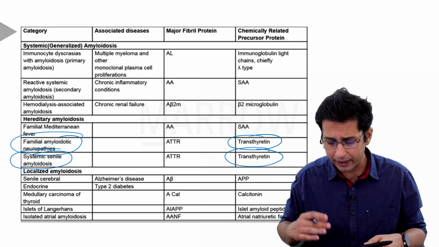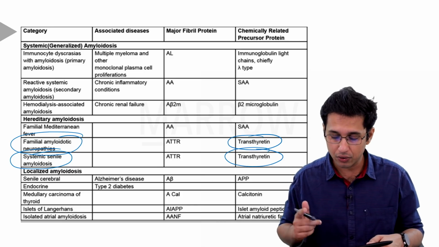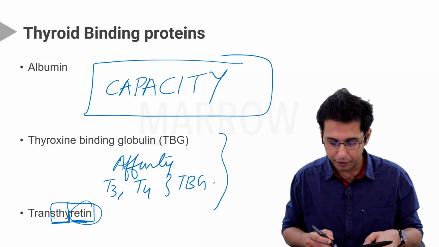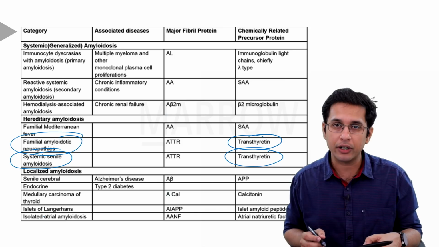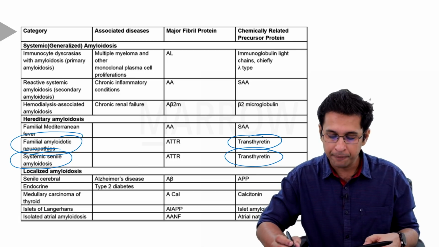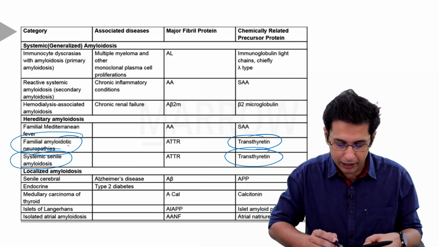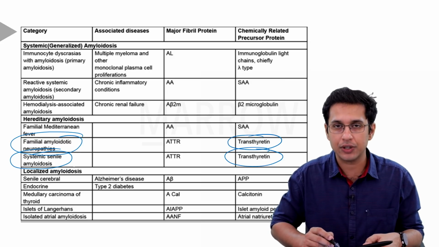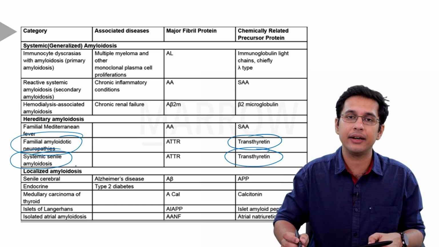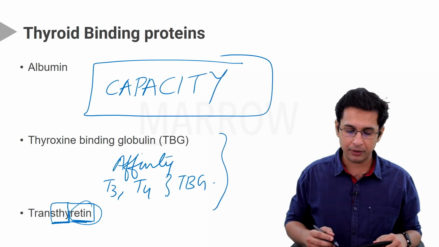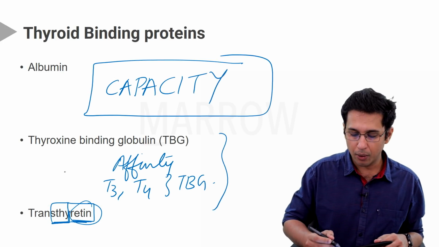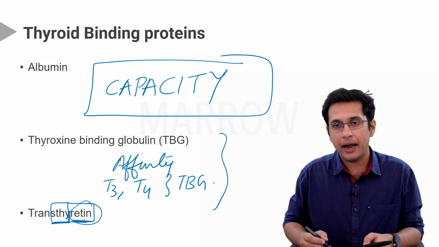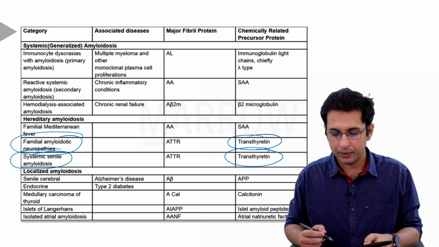So you need to connect your subjects and study, which is so critical so that you actually remember and recollect better. That's the connection to transthyretin and amyloidosis. Albumin capacity, globulin affinity, transthyretin retinol and amyloid connection here.